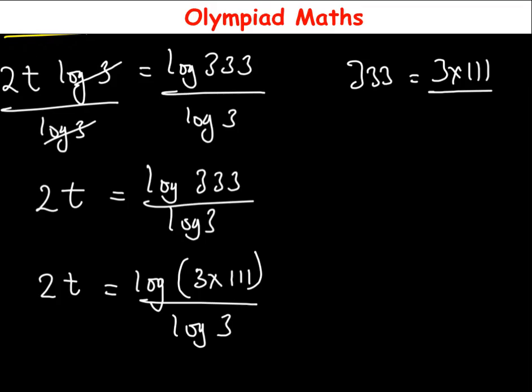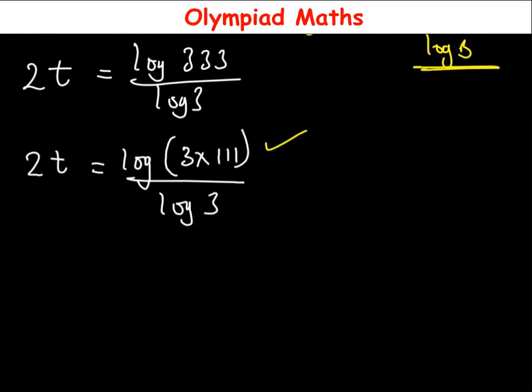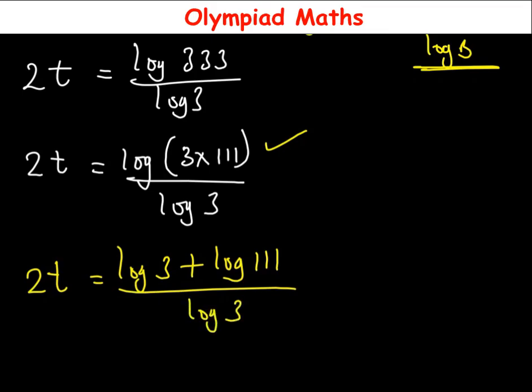From here, we are going to apply a principle of logarithm, that if you have logarithm of, in brackets, a times b, this equals logarithm of a plus logarithm of b. So applying this principle, 2t is equal to logarithm of 3 plus logarithm of 111, all over logarithm of 3.